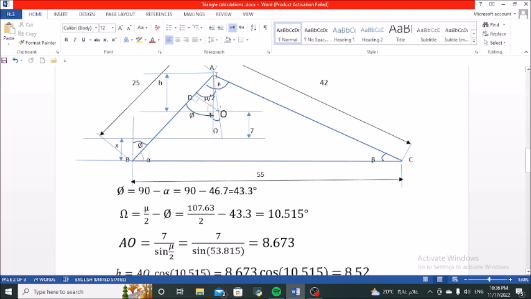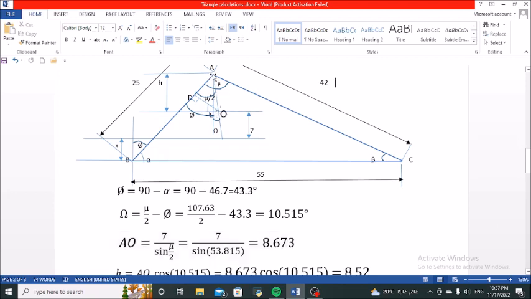So AO sine mu over 2 equals the radius, which is OD. To obtain AO, we divide the radius by sine mu over 2. We get AO, which came out to be 7 over sine of 53.815, which is 8.673. Now we obtained AO.